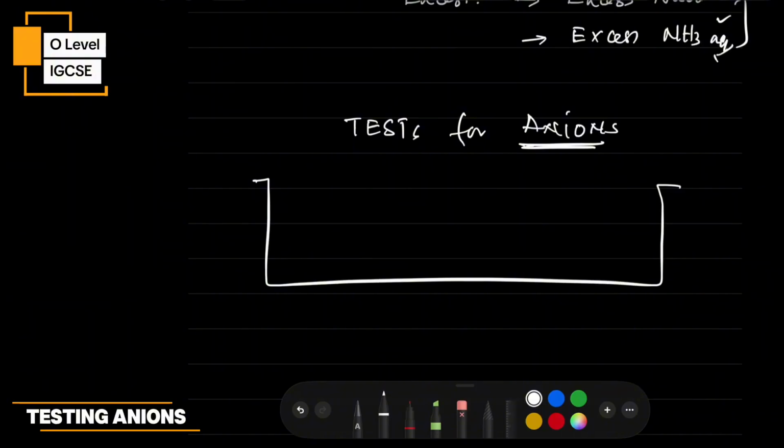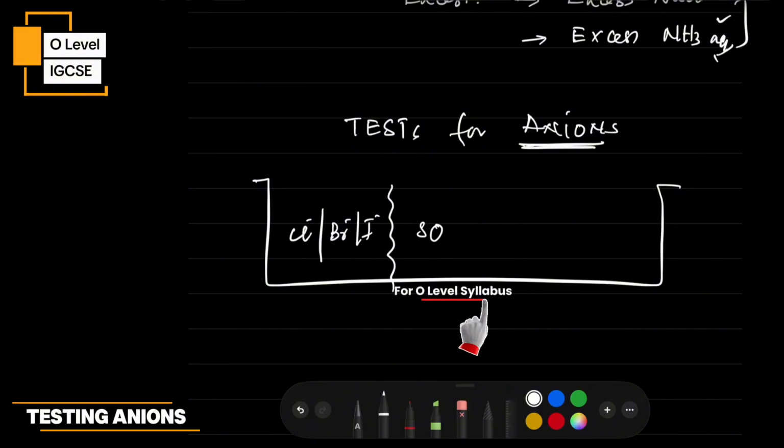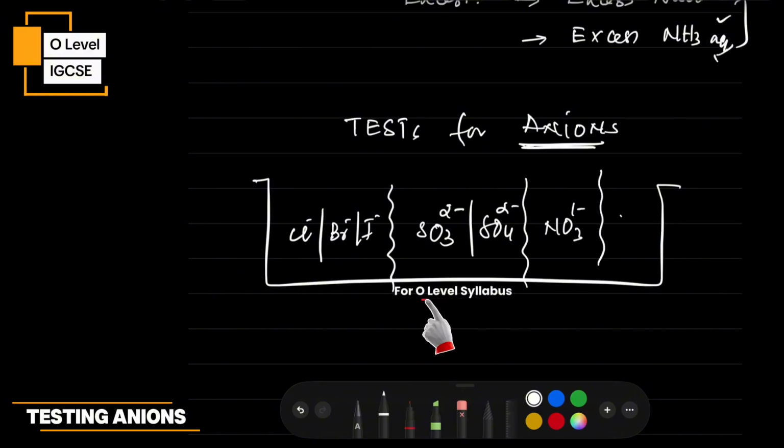The first group is the halide ions: Cl negative ion, Br negative ion, and I negative ion. Next is the sulfur oxide ions, SO3 sulfite ion, and sulfate ion, SO4 2 negative ion. The next one is nitrate ion, NO3 negative ion, and the last one is carbonate ion, CO3 2 negative ion.